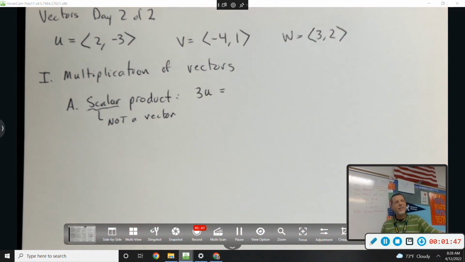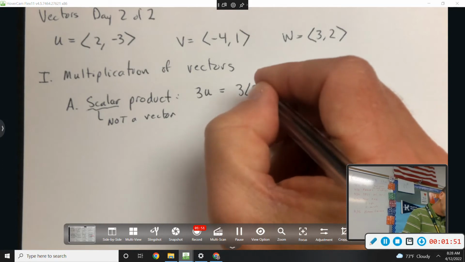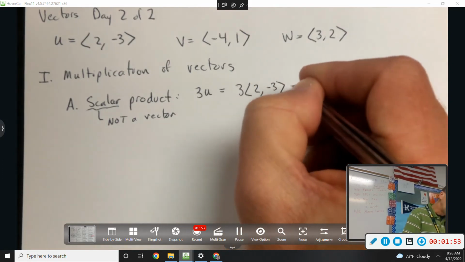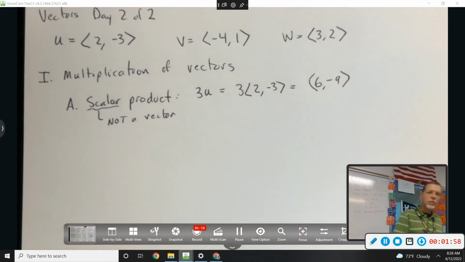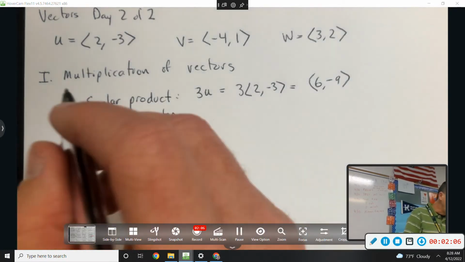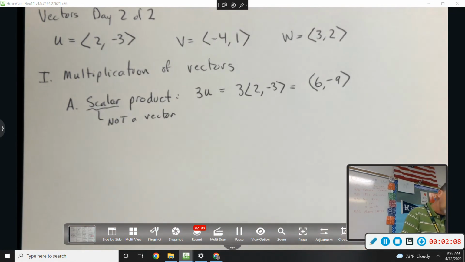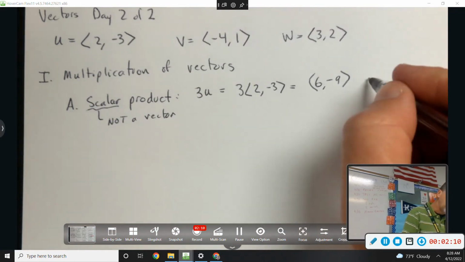It's another way to say that. So 3 times u is, I just multiply both of them by 3. 6, -9. That's pretty easy. That's what we normally think of as multiplication. That's the kind of multiplication we did yesterday. And we got a vector answer.